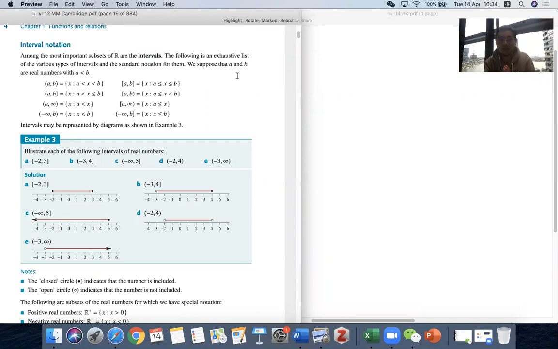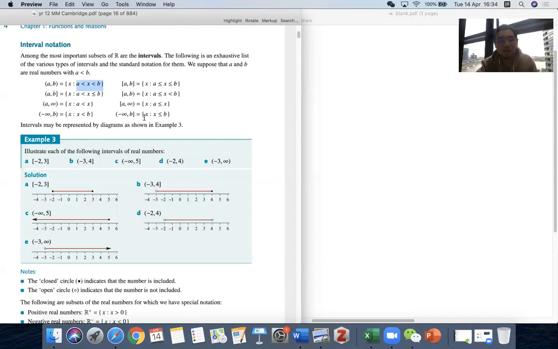But I'm sure now everyone is pretty confident, but it's still worth mentioning that small brackets mean greater than or less than, okay? So no equal sign.